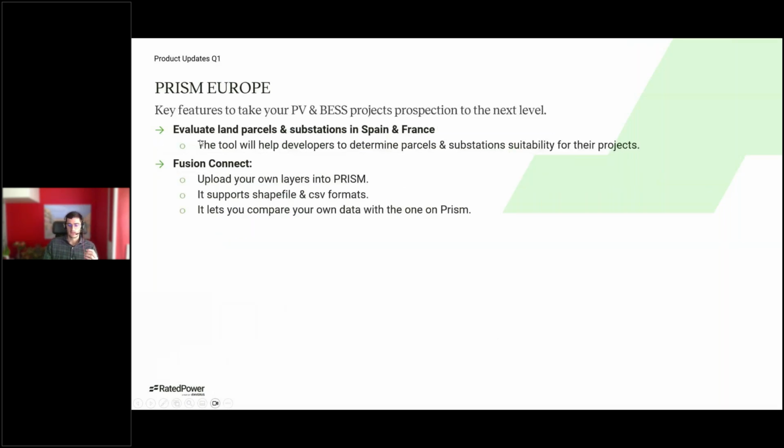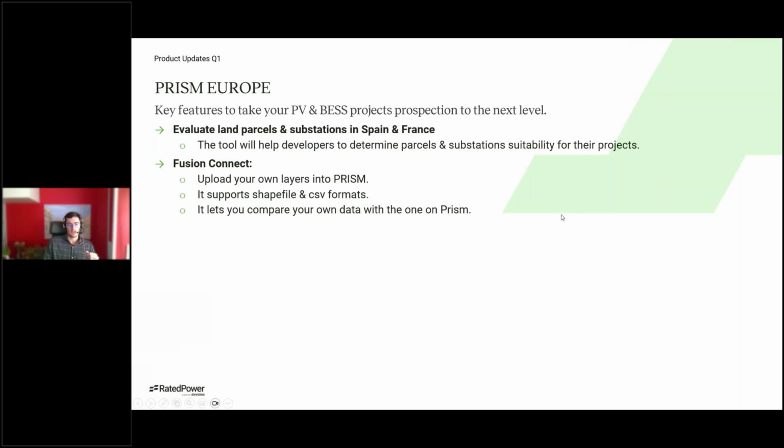As I mentioned, this is a tool that will help to evaluate land parcels and substations, and currently it is available for Spain and France. We've been able to include the parcels and substations. There are also some other layers related to exclusion layers, topography, high voltage lines, and so on, that we are planning to include in the future.